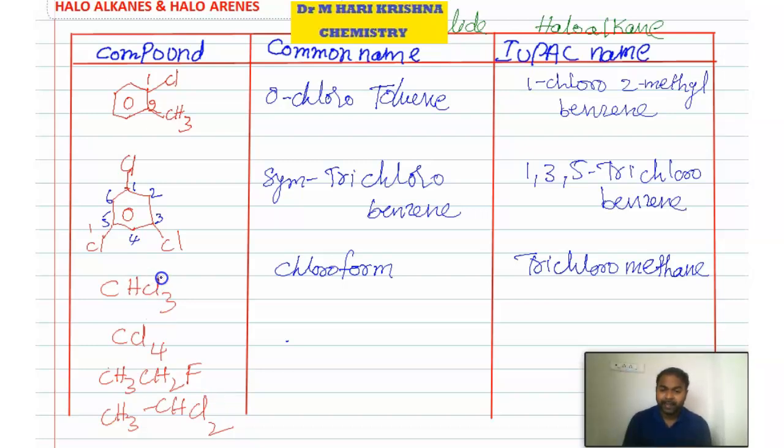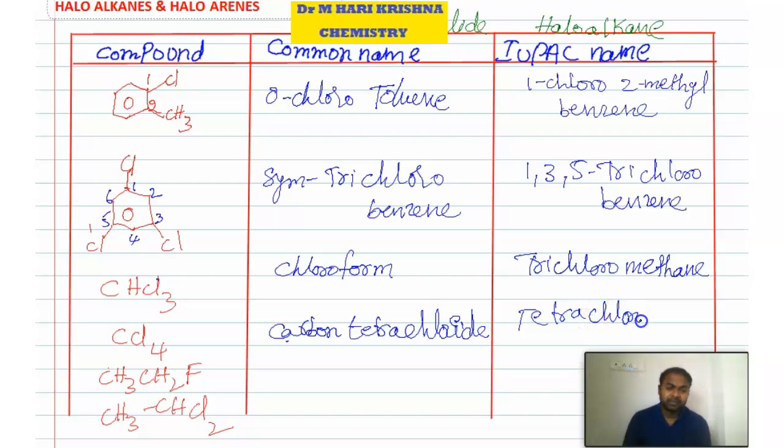CCl4 name is carbon tetrachloride. So the IUPAC name is tetrachloromethane.